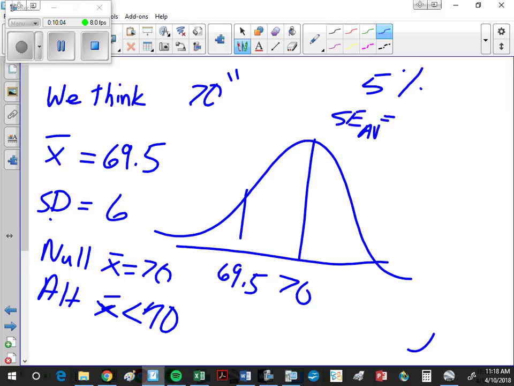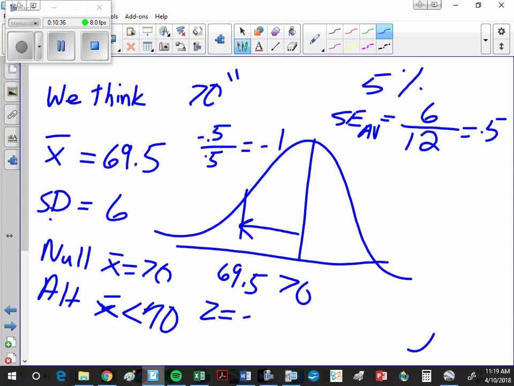I take the 6 and divide it by 12 and I get 0.5. Everybody get that? And then how far am I from 70? Negative 0.5. So I take my difference, negative 0.5, and divide it by my SE, which is 0.5, and I get negative 1. So my z-score is negative 1.